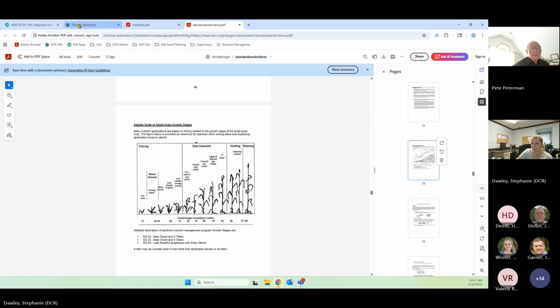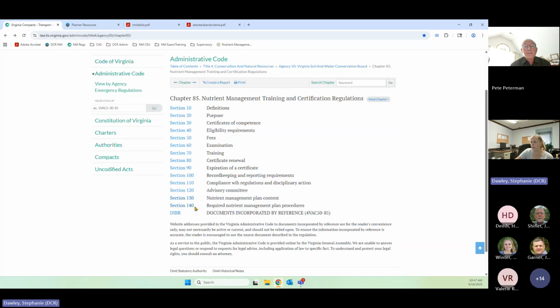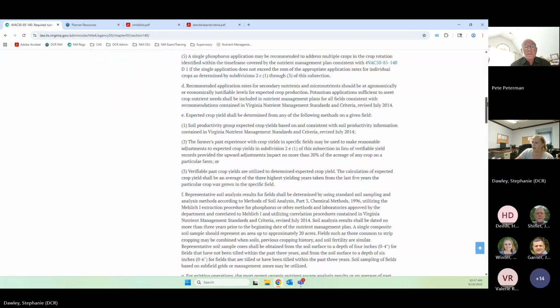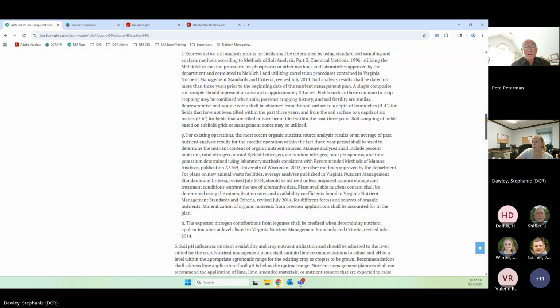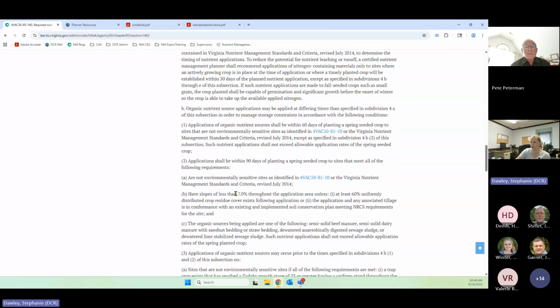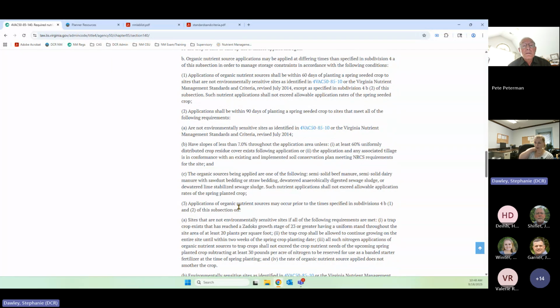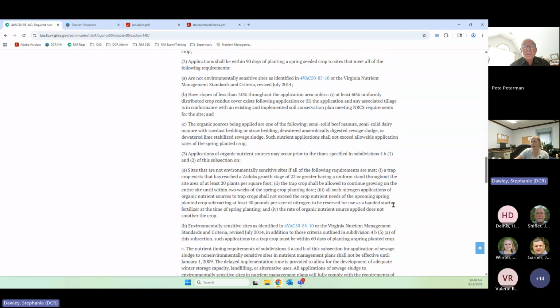So in our regs, it's saying here that if you have a site that is not environmentally sensitive, and I clicked the wrong button, then you can put out your manure on those fields. And the trap crop should be allowed to grow on the entire site until 2 weeks before spring planting to get that uptake of nitrogen.